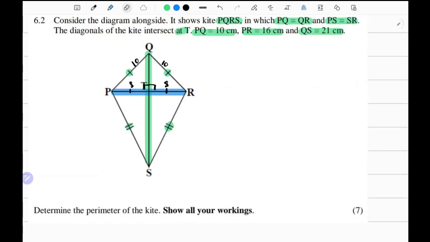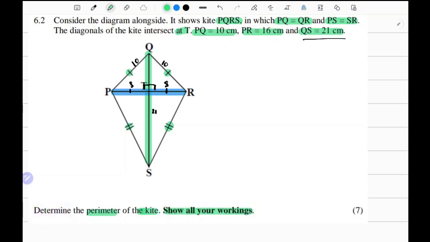Furthermore, they give us the length of the long diagonal, which is 21 centimeters. So this full length here, going all the way down to QS, is 21 centimeters. Right. So the question says, determine the perimeter of the kite, show all your workings.